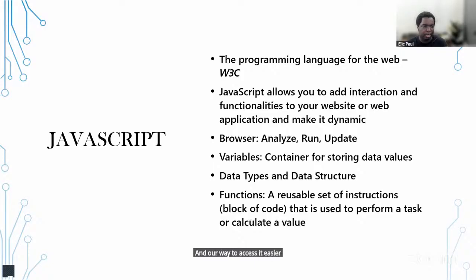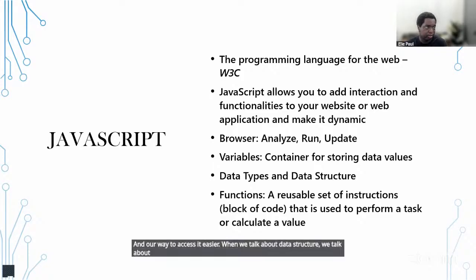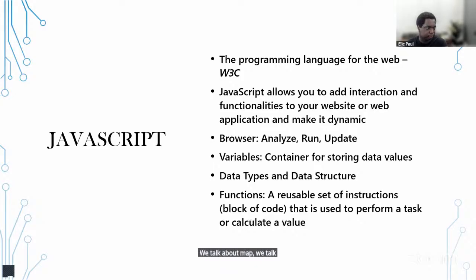When we talk about data structure, we talk about array, object, map, and set. And function is a set of instructions, a block of code that we create in order to be able to reuse it again.